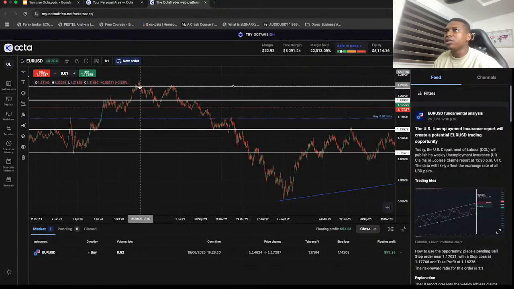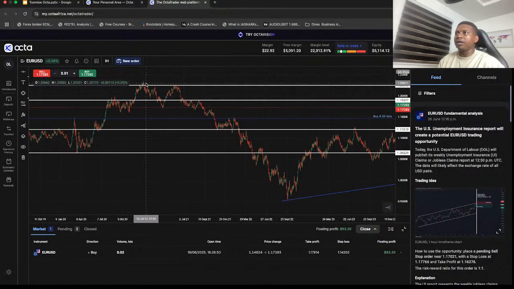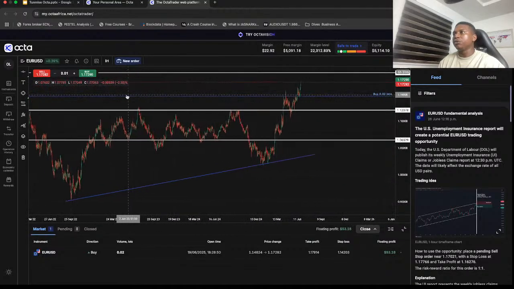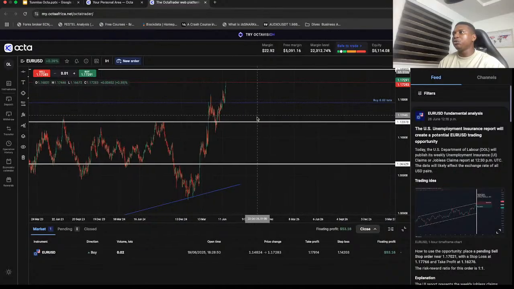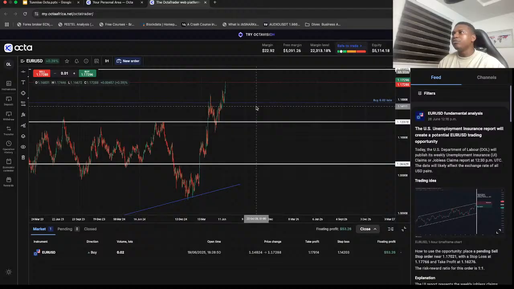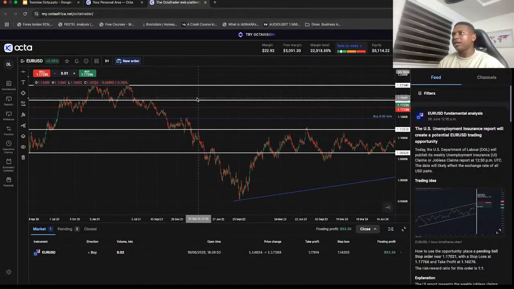These levels are very important levels for us to watch out for in the future. And you can see that in the present, where we currently are, price has not even gotten to this first line, and then here is also another resistance zone.